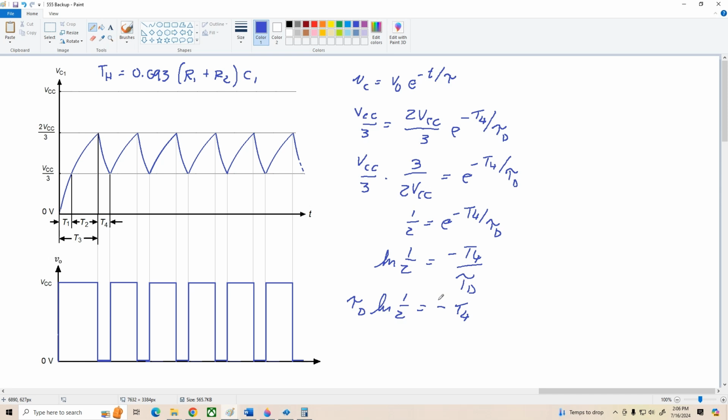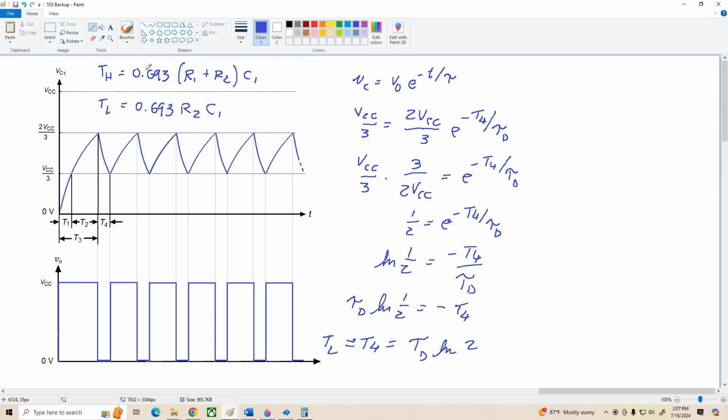And finally, getting rid of the negative sign by inverting this fraction, we end up with t4, which is also the discharge time. So let's write T sub L, the low time actually, is equal to the discharge time constant times the natural log of 2. And again, the natural log of 2 is approximately 0.693, so there is our low time. T sub L equals 0.693 times R2 times C1. All right, and there we go.